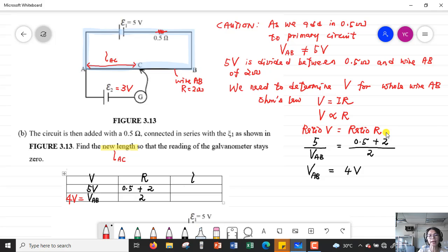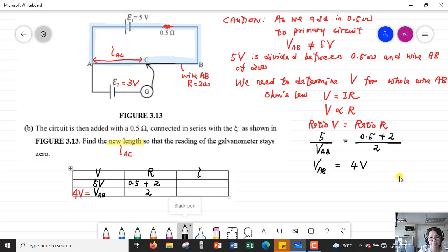4 volt. Okay. So after we get the voltage across the whole wire is 4 volt, then we find the new balance length. Okay, now we focus on the wire.